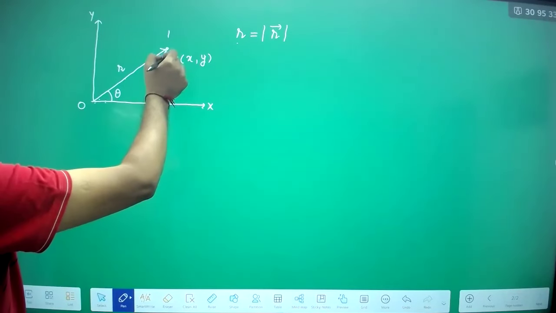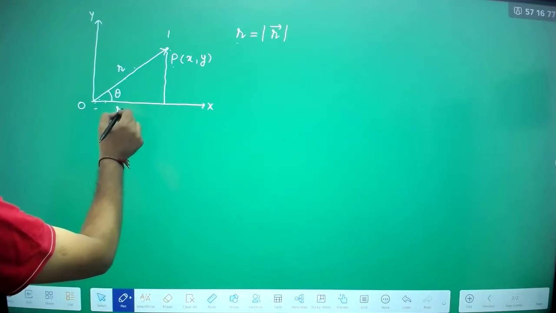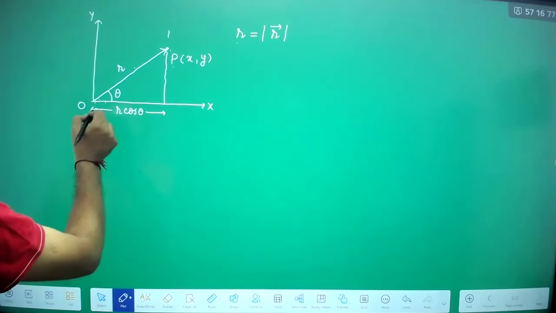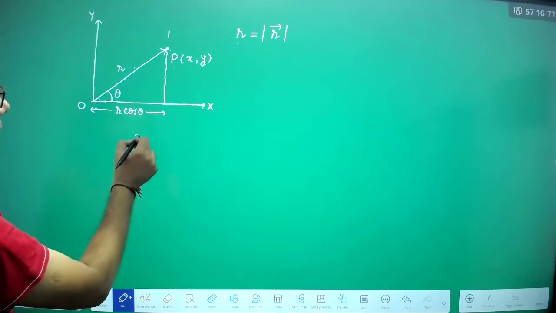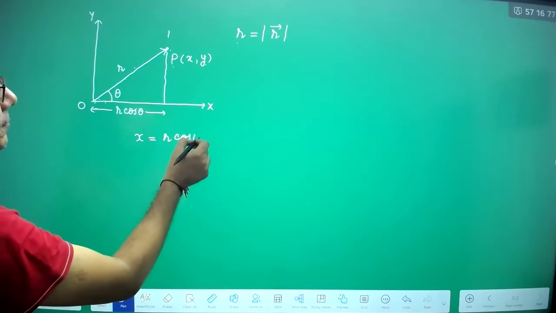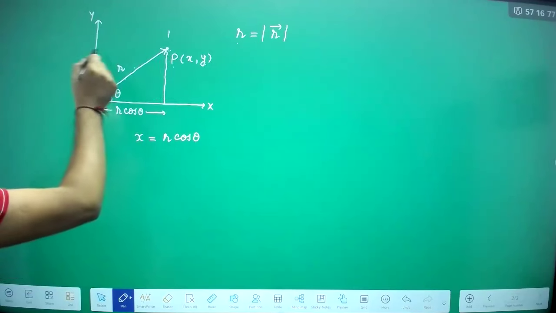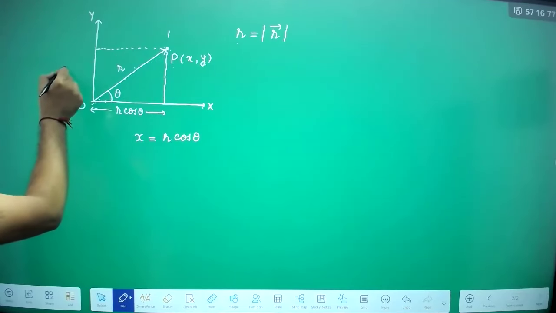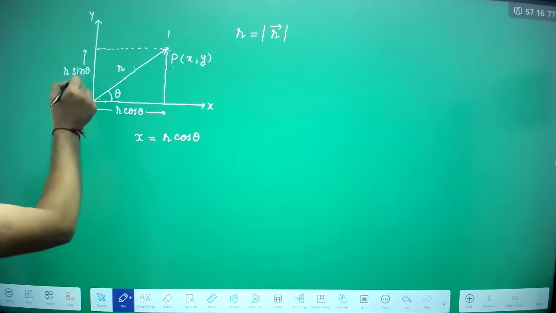Then what can be the coordinates of this point? If this is r, then this length from here to here will be r cos theta. We are saying this length is x because its coordinates are x and y. So x will be r cos theta. Next, if you resolve this r vector in the y direction, then this length will be r sine theta, and we call this length y.